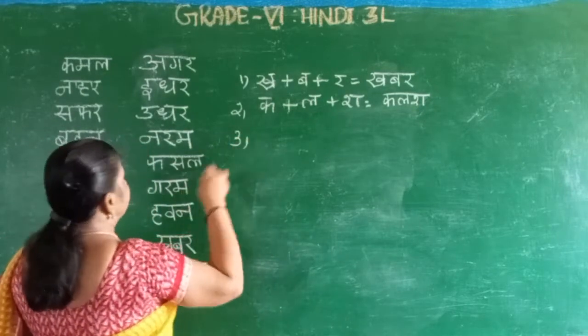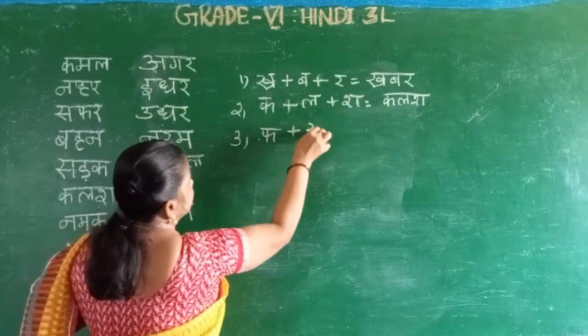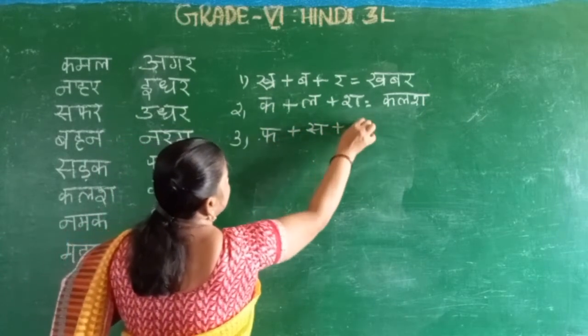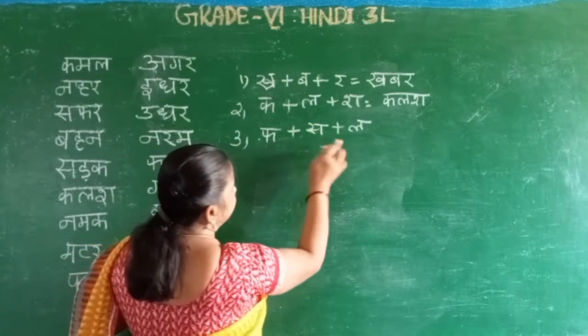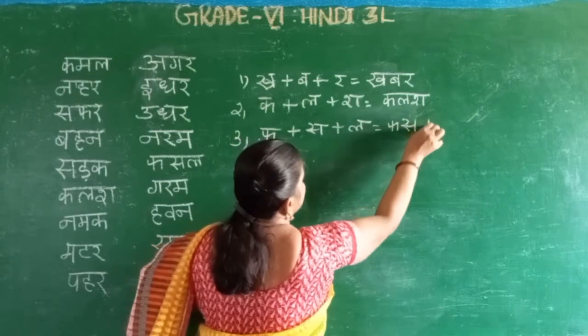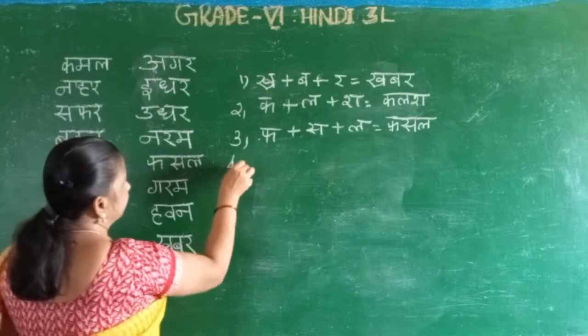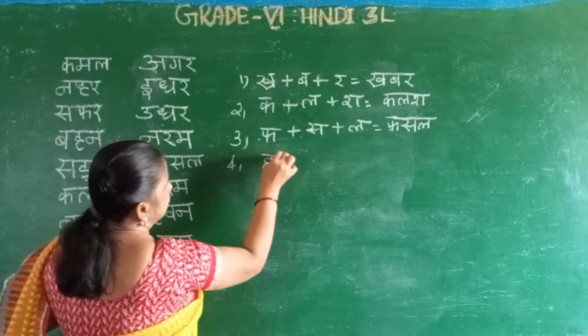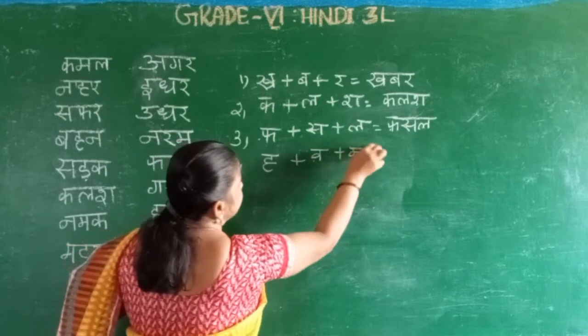And third one, ha plus sa plus la. How to write? Remove the two plus symbols and make a new word. Fa sa la. Fasal. And fourth one, ha plus va plus na. The same.